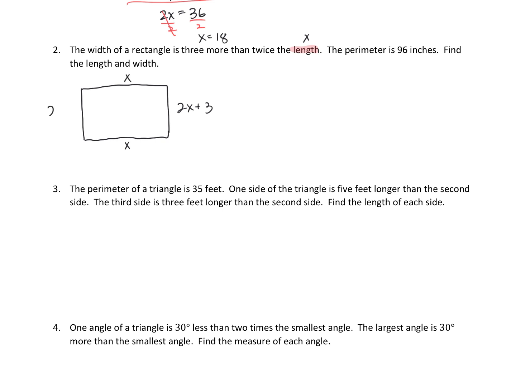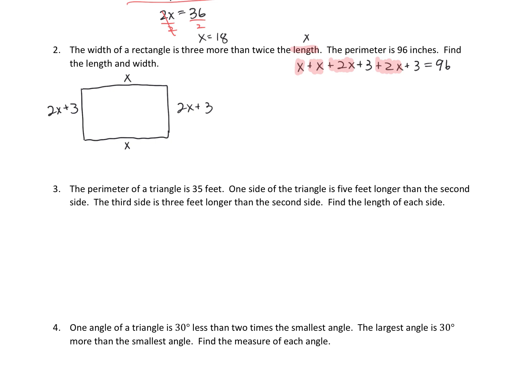So we have the same thing on all the pieces here. The 2 widths are the same, the 2 lengths are the same. The perimeter is 96 inches. So we're going to add up all the sides and set it equal to 96. So now it's a matter of getting like terms. So we have an x, another x, 2x, and 2x.